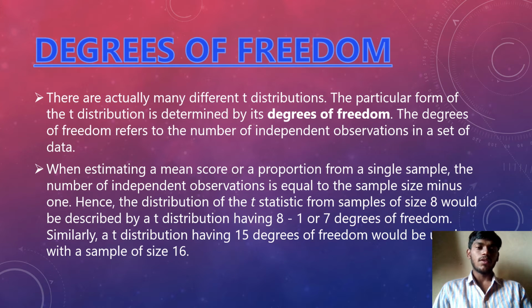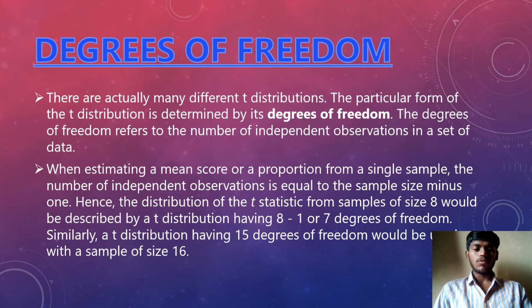Degrees of freedom. There are actually many different t-distributions. The particular form of the t-distribution is determined by its degrees of freedom. The degrees of freedom refers to the number of independent observations in a set of data. When estimating the mean score or proportion from a single sample, the number of independent observations is equal to the sample size minus 1.